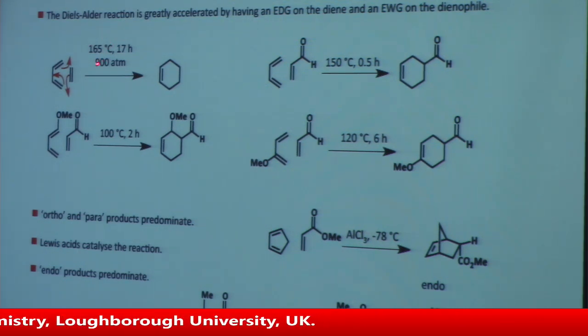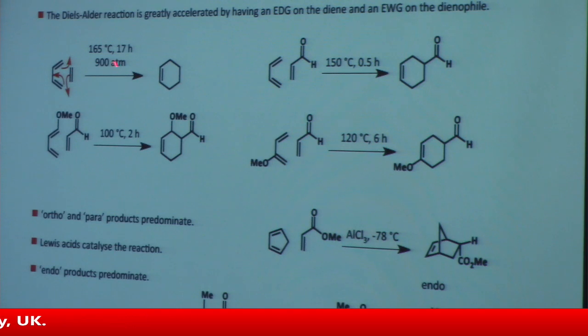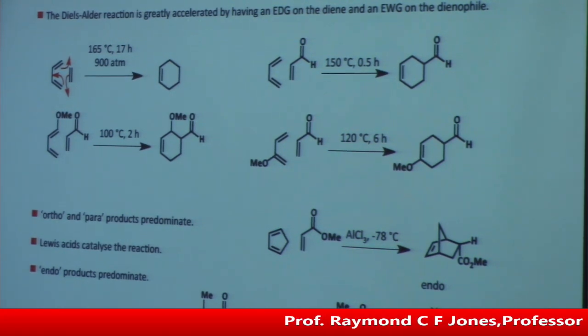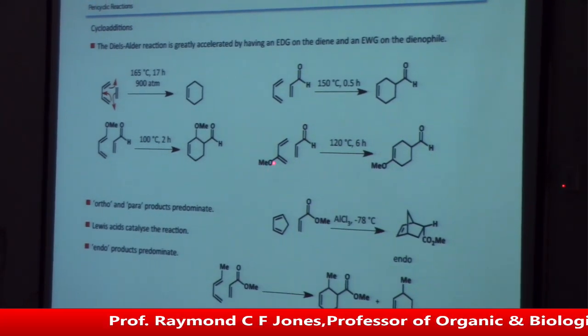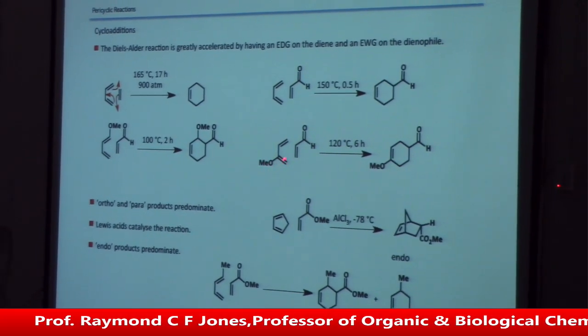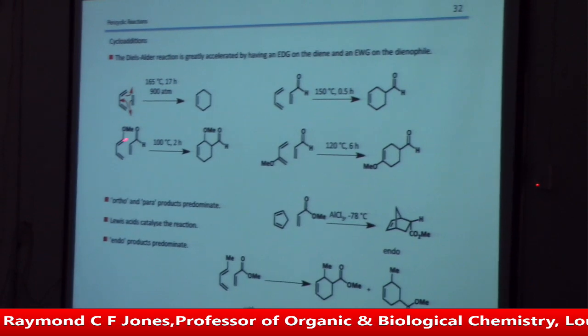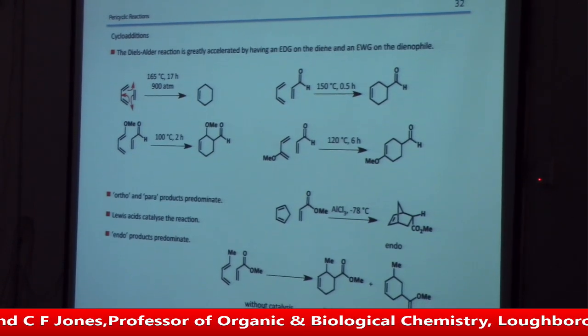You're interested, as Professor Singh said, in dramatic change here, and in the fact that, compared to that, all of these reactions go much more easily once you put a substituent, or substituents, on there. Of course, this is a substituent in the internal position of an alkene. That's the diene. That's the terminal position.